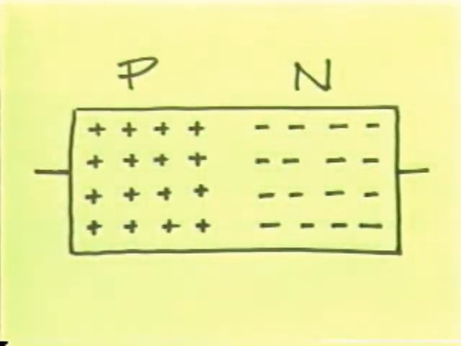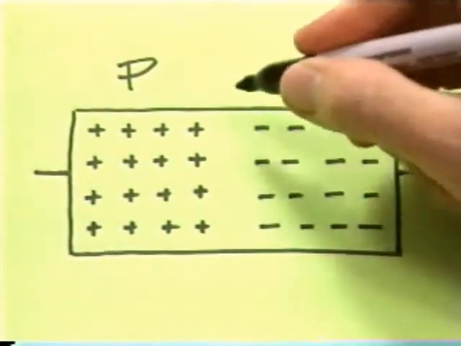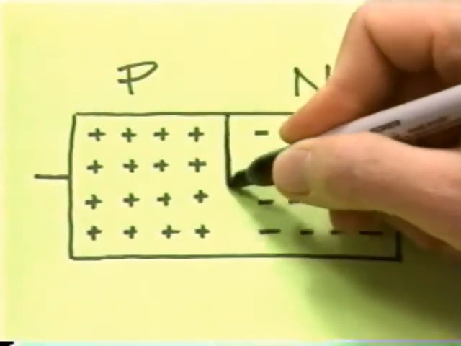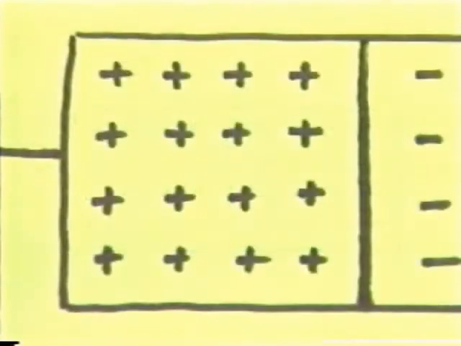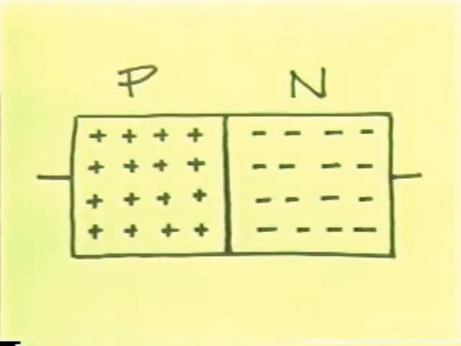Look at this graphic representation of what a PN junction looks like at the moment that the N and P materials are combined. Holes in the P material are designated with plus signs, and electrons in the N material are represented by minus signs. Bear in mind that from this point, only the majority carriers will be shown.